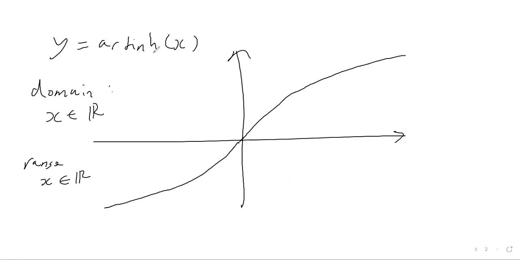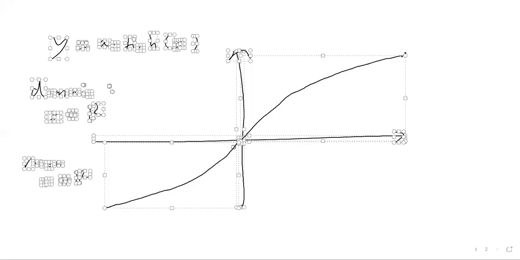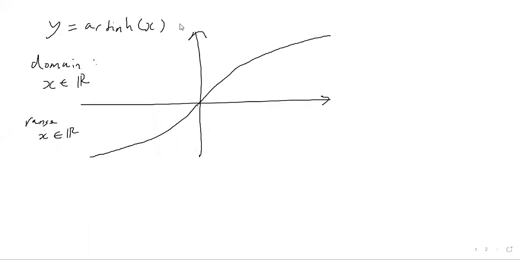Okay, so we know that then. Now let's consider the domain and range of the arsinh of 1 over x function. Sorry, I've made a mistake here. This should be arsinh of 1 over x.